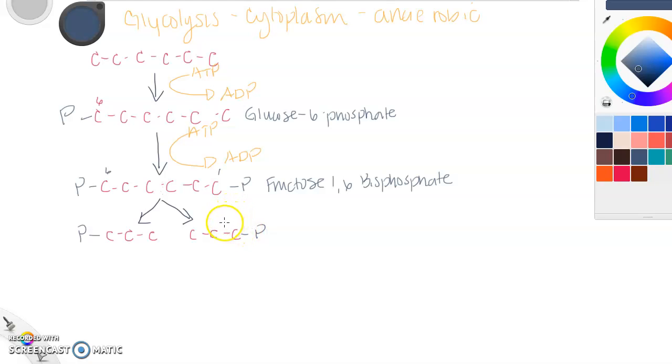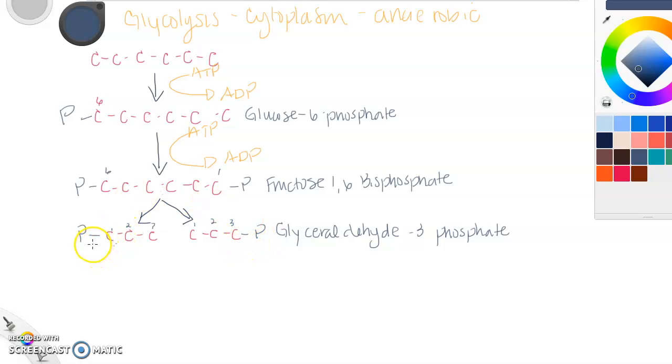So if this is the 1, 2, 3 carbon, this molecule here is called glyceraldehyde 3-phosphate, because the phosphate is on the 3rd carbon.